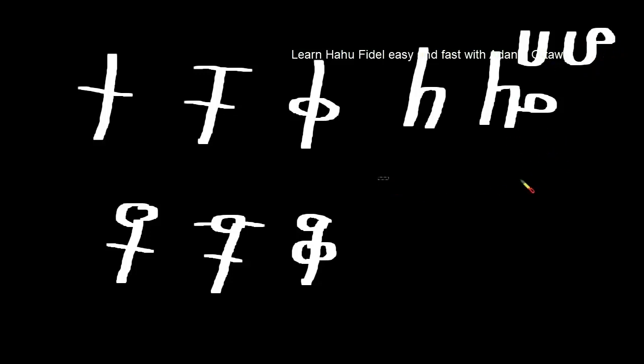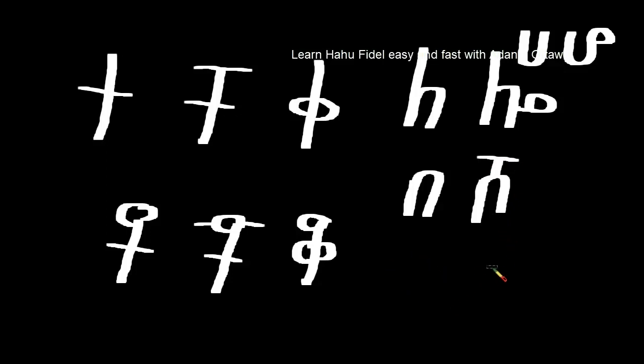I'm glad I remember this one. So this is a difference in two-legged Hahu Fidels. The rest, like ba, becomes bo. Short on the right side. So the same, short on the right side.